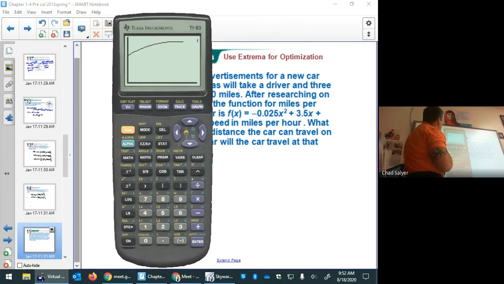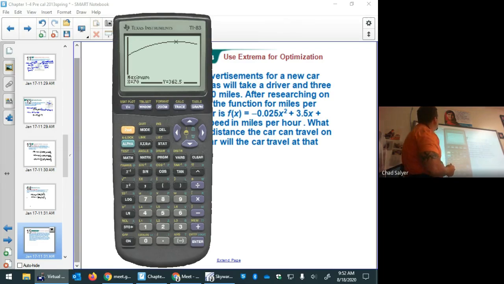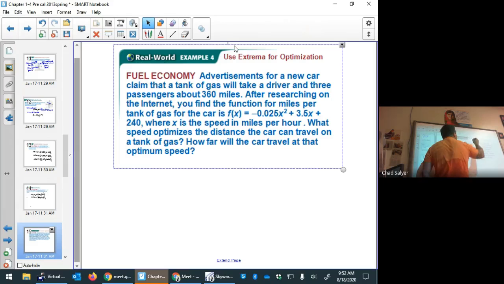So that's a pretty good graph, and we clearly see the maximum value here. So if I use the maximum function, left bound, that's a pretty good choice there. 50 is well to the left. And then, I don't know, like 90, clearly to the right of it. So it appears to happen at 70 miles an hour. So what speed optimizes the distance?